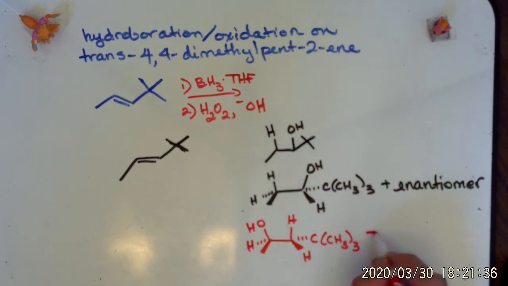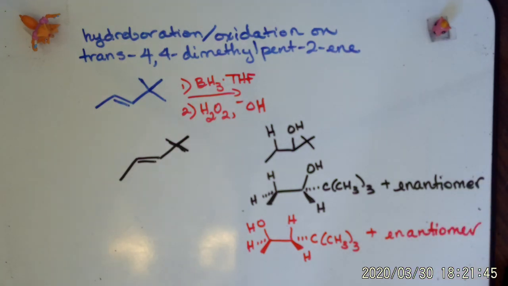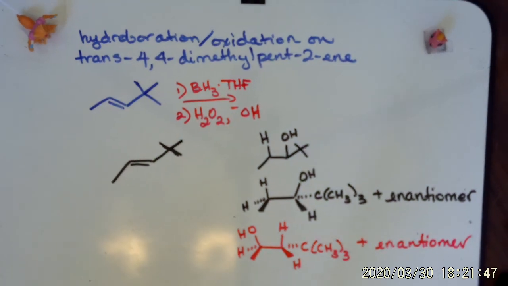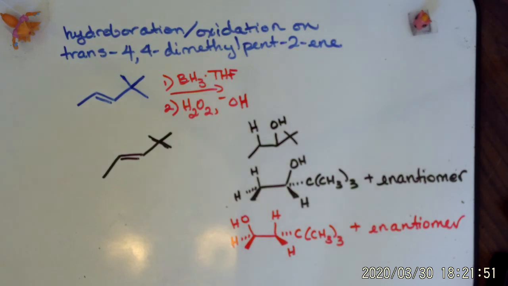Okay, this one plus the enantiomer. So in this case, you're going to get both types of products. Okay, because there's no regioselectivity based on the number of hydrogens on my carbon. Okay, all right. Let's stop here.